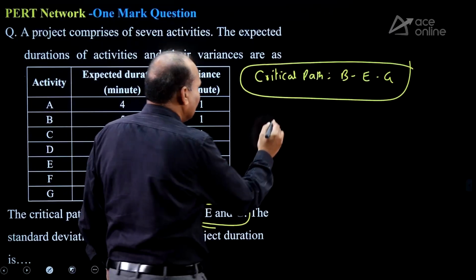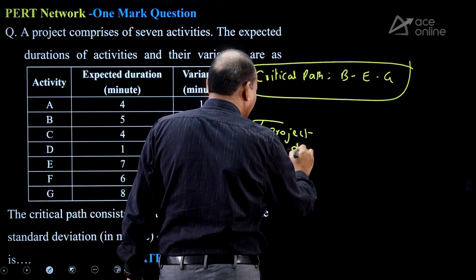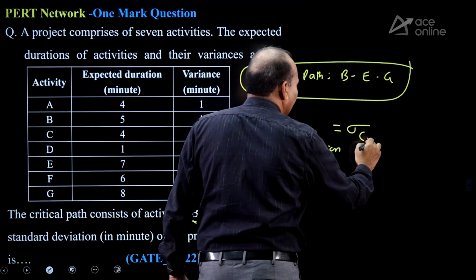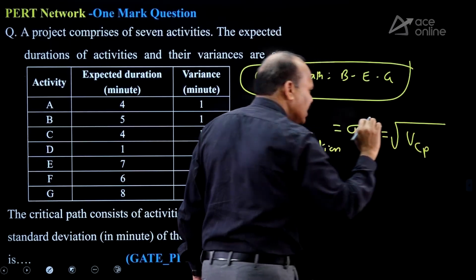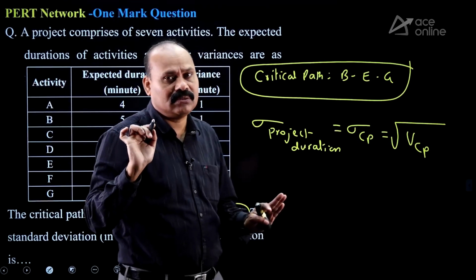Standard deviation of project duration is nothing but the standard deviation of the critical path. It is equal to the square root. Whenever you are finding standard deviation, make use of variance.